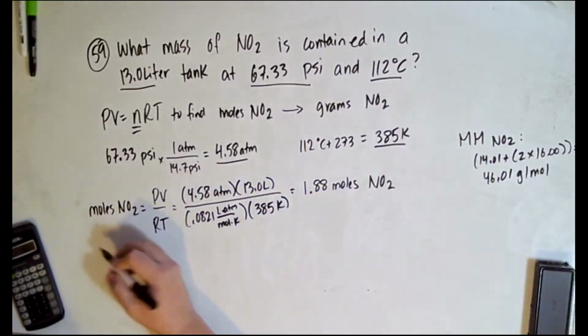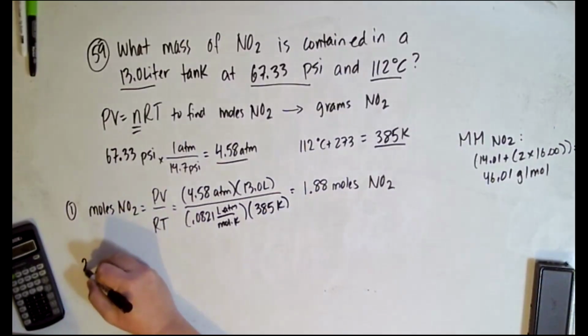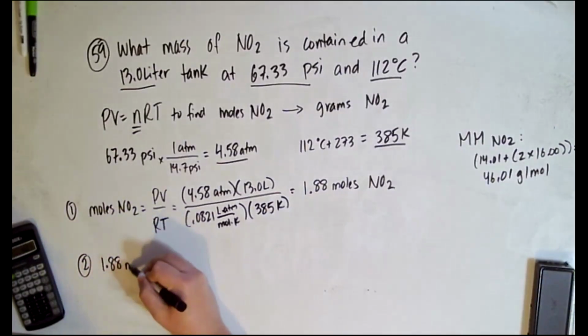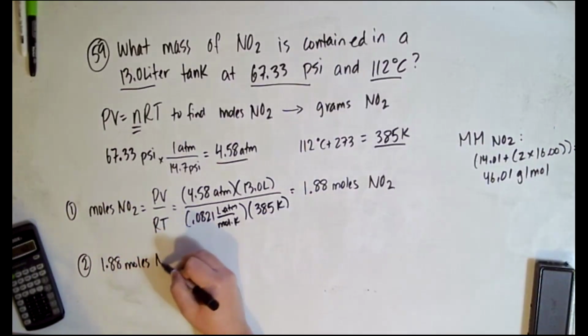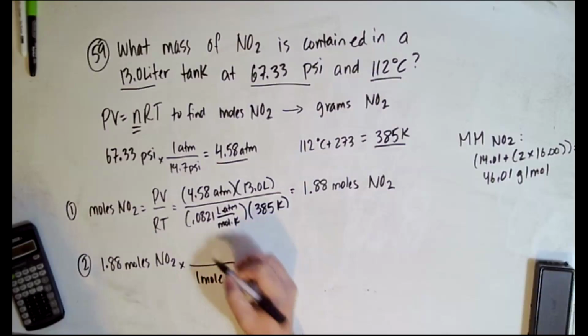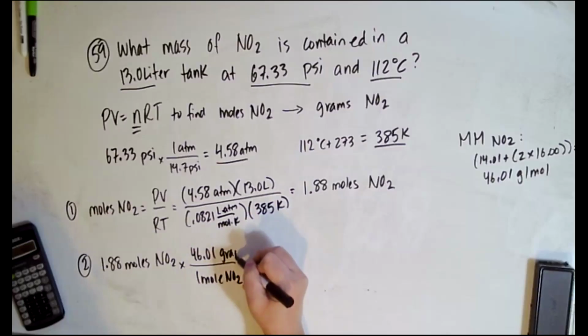So this will be step 1. This can be step 2. We'll take our 1.88 moles of NO2. Every 1 mole of NO2 is going to be 46.01 grams.